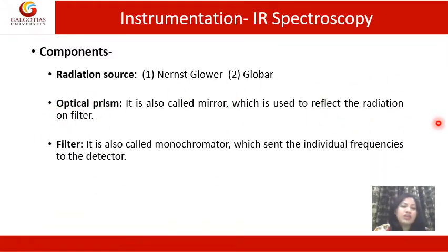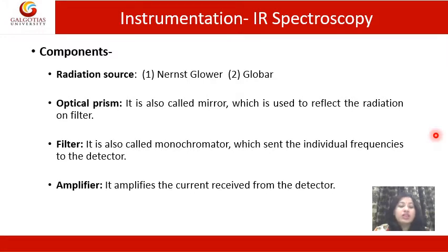Next, filter, also called monochromator, which sends the individual frequencies to the detector. Next, amplifier, which amplifies the current received from the detector. And last is recorder. It draws the IR spectrum.